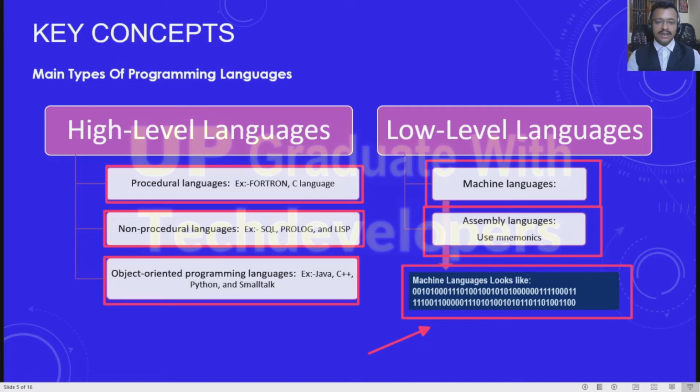Unlike machine language, assembly language also communicates straight with the hardware. Rather than using raw binary bits to denote an instruction, assembly language uses mnemonics. Mnemonics are short abbreviated English words used to name a specific instruction given to the computer.